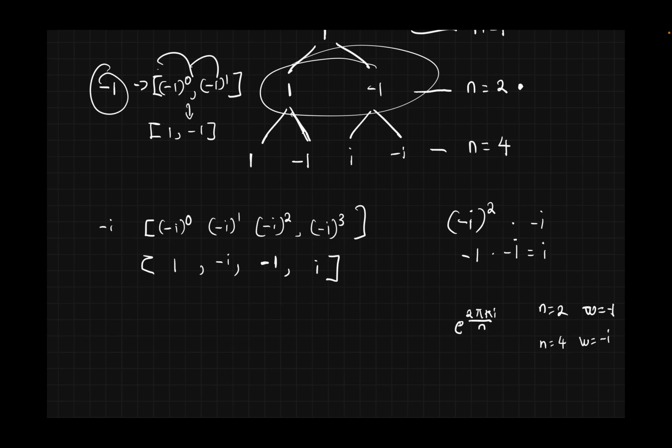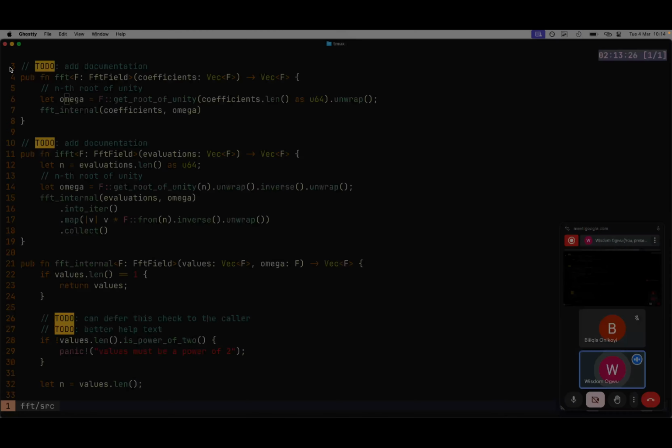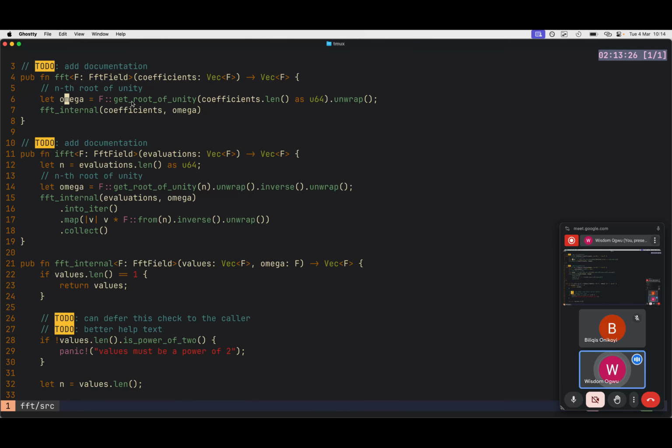But you don't need this because we're not working with complex numbers. We're working with fields. So fields have their own. That's what that function I gave you, get root of unity, is going to give you: the generator for that nth root of unity. So you can now do that one raised to the power of 0, raised to the power of 1, raised to the power of 2, up to n minus 1. And then you'll have the full root of unity. Does that make sense?